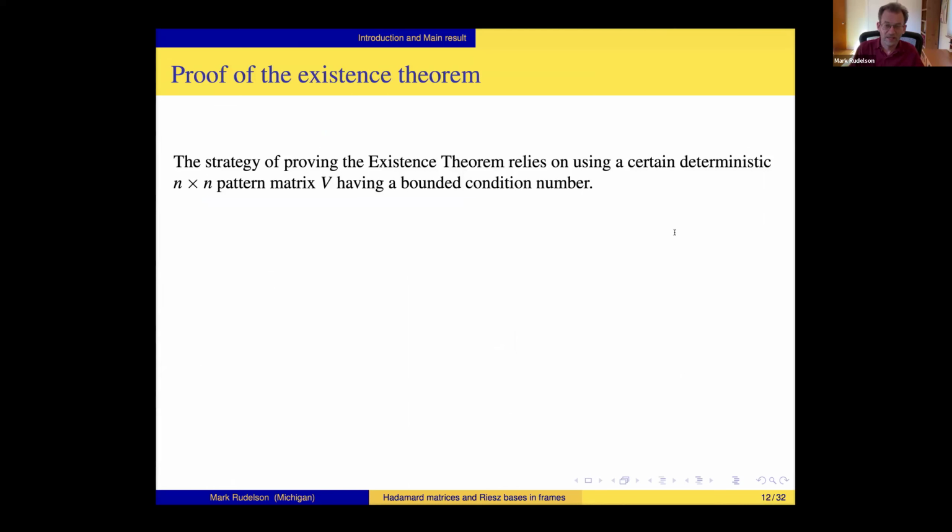So let me start with the existence. The strategy of proving the existence is very natural. We will take a certain nice deterministic matrix, a pattern matrix, which has a bounded condition number. And then we will look at a random matrix, which is close to this one.